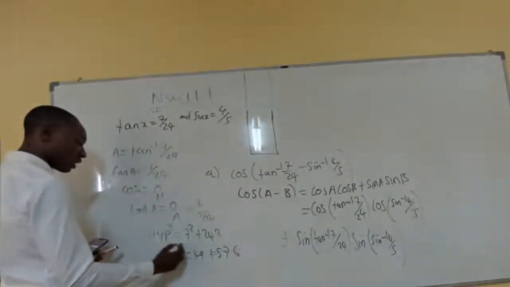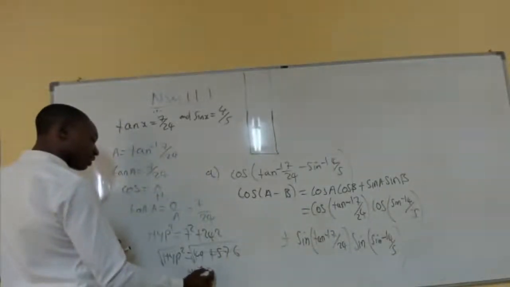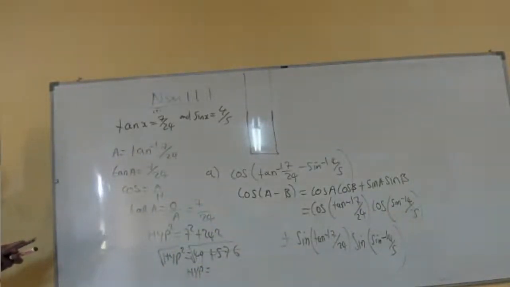Then we take the root on both sides. So the hypotenuse is equal to the root of 49 plus 576, which is 625. So we're looking for the root of 625.